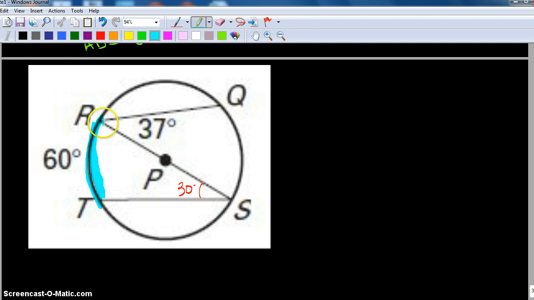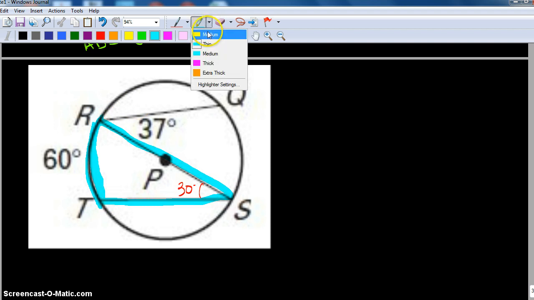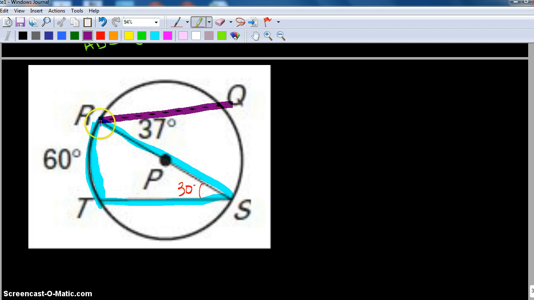And just in case you're wondering, you follow these lines and that's how you figure out which ones go together. So like over here, the 37 is the angle right here. You follow it there and down there.